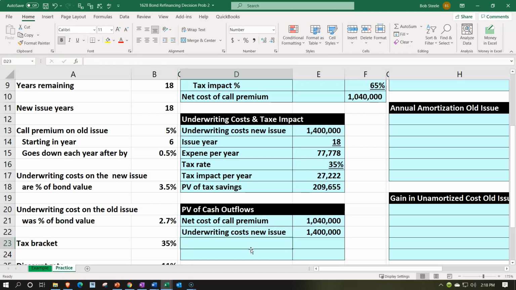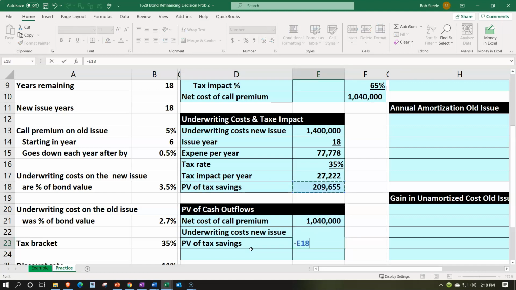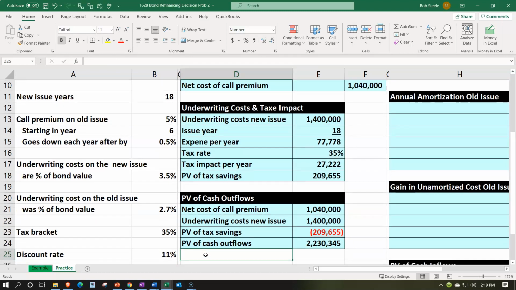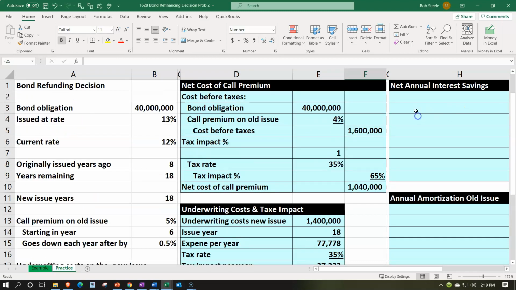And then we've got the benefit of the present value, the tax savings, and we're going to make that a negative. So we could just sum this up with the trusty sum function, underline that. That'll give us our present value of cash outflows. Summing that up, we get then the 2,233,44. So now, let's go back up top.